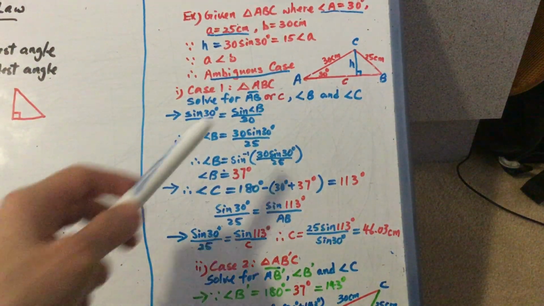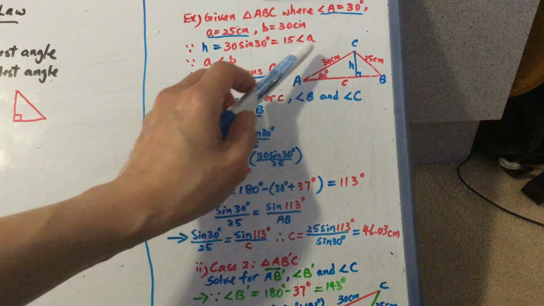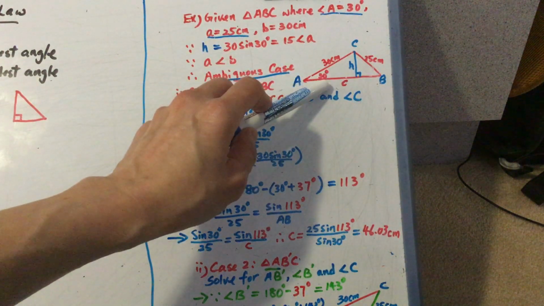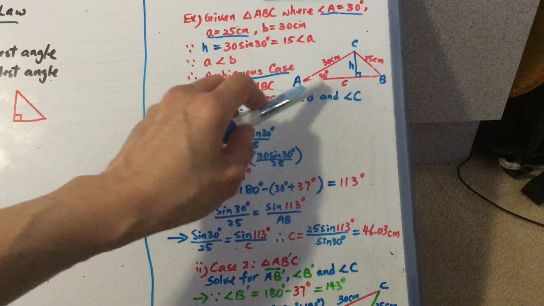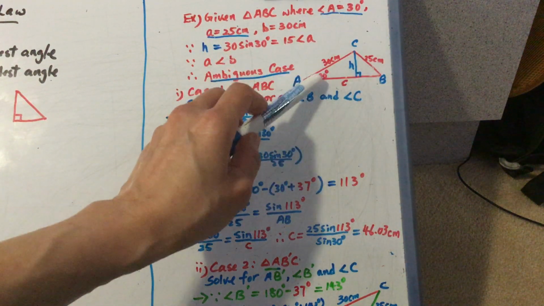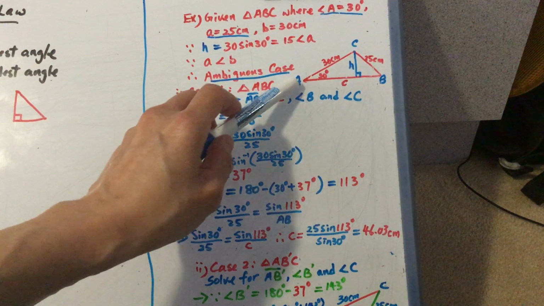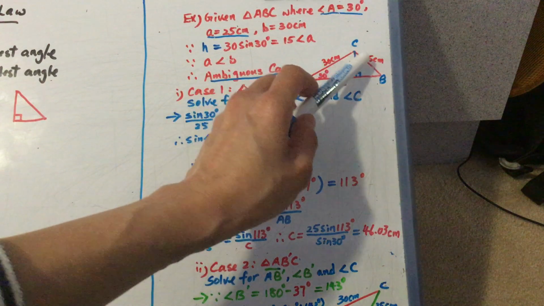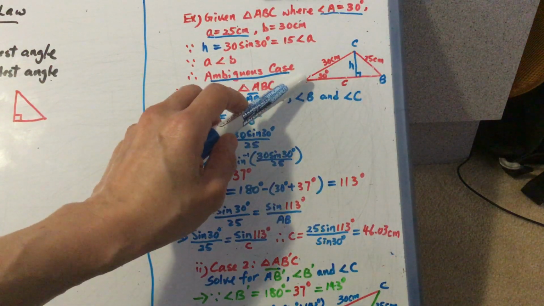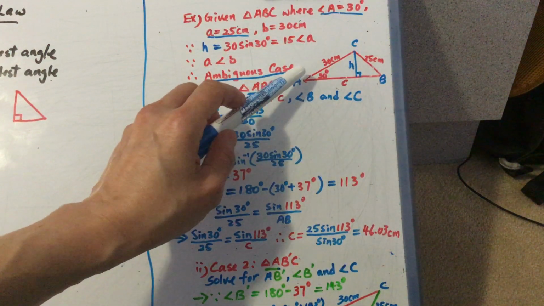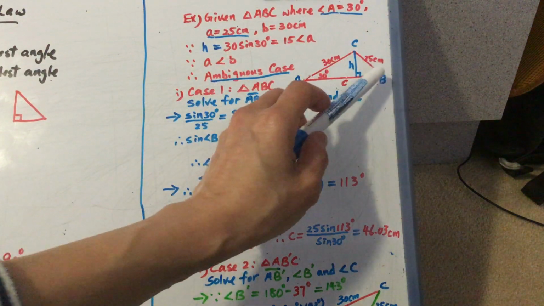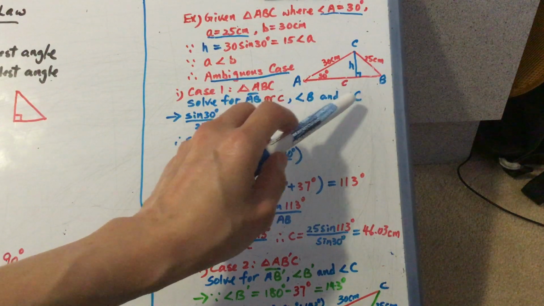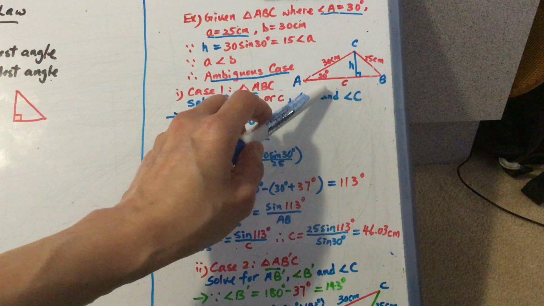From the first case, this is my first case. My draft triangle becomes my first case now because everything fits. This length b is longer than the length a, so it does make sense now. My draft triangle that I started with, the long and the short, satisfies this, so I don't have to redraw my triangle for the first case.